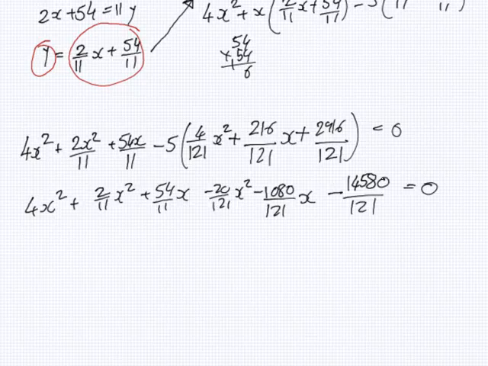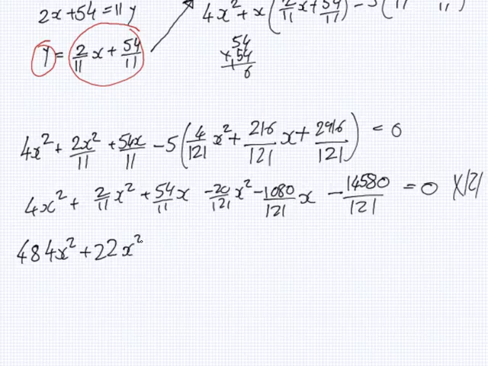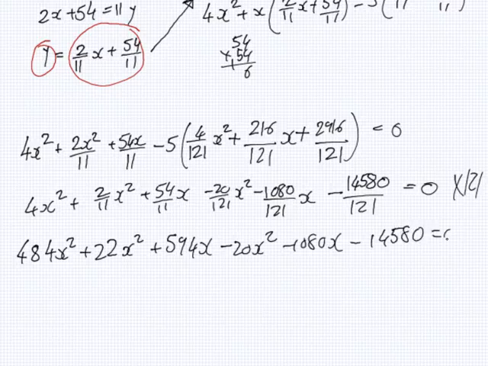I'm going to multiply everything by 121. 484x squared plus 22x squared plus 594x minus 20x squared minus 1080x minus 14,580 equals 0.